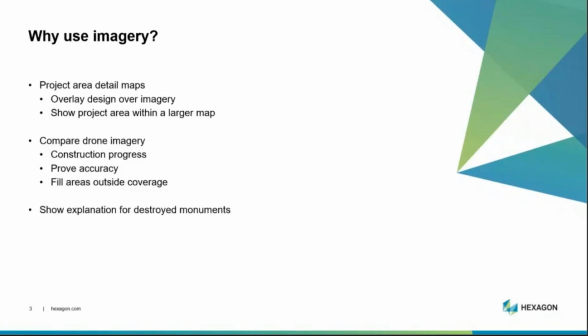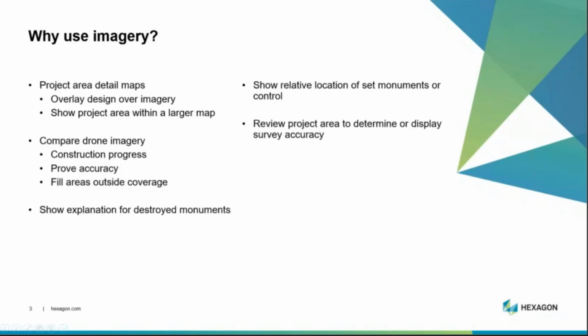You can show a reason why a monument might be destroyed and maybe you couldn't replace it. You can show the relative location of set monuments or control, or if you're doing up a control sheet, you can show where it's going to be in relationship to other objects around it, like fences and roads and light standards and all that sort of thing. You can review a project area to determine or display your survey accuracy.